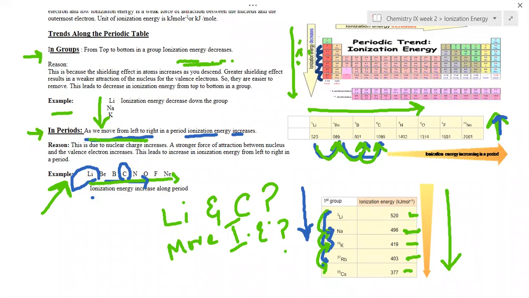Why? Because in periods, as we move from left to right, ionization energy increases, and among these two, carbon is further right than lithium. Therefore, carbon has more ionization energy as compared to lithium.